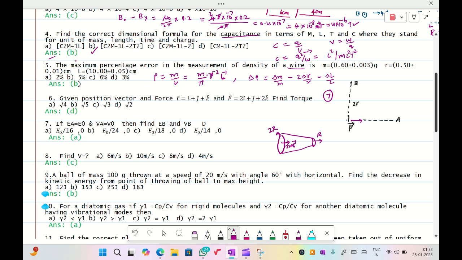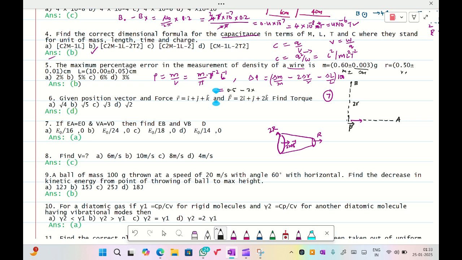So dm by m: here dm into 100, percentage is anyhow asked into 100 for easy calculation. Here dm means 0.003 by 0.6 into 100. So dm equal 0.03 into 100 means 0.3, 0.3 by 0.6 means 1 by 2, 0.5.